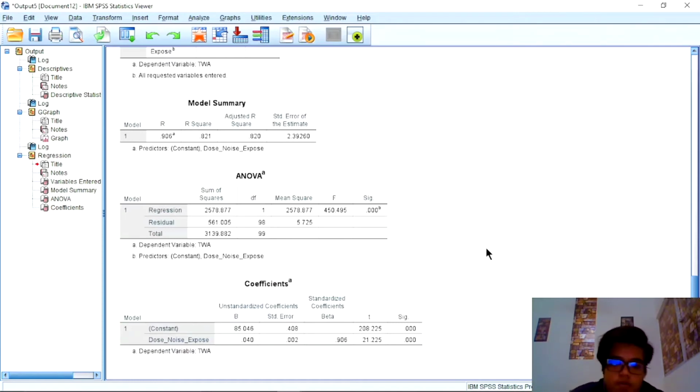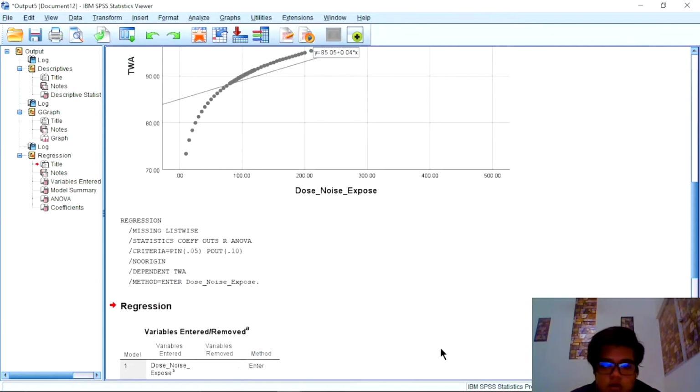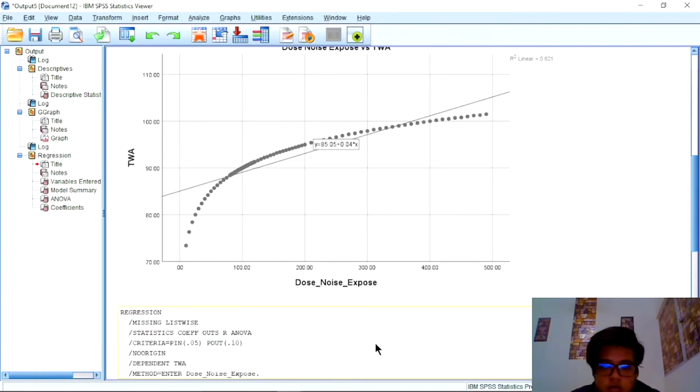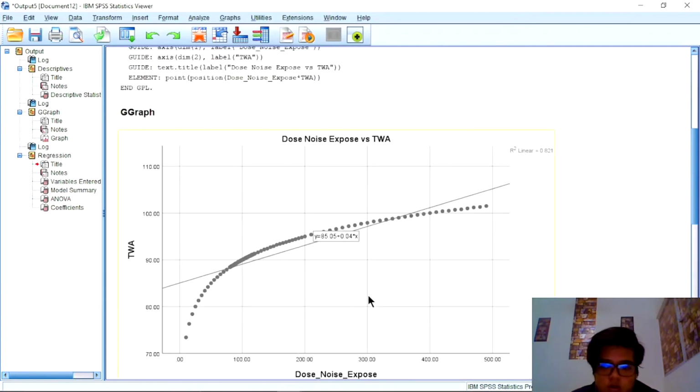Okay, and then for the coefficients, which is the least square method, Y is 85.05 plus 0.04x. Since the value of B, the slope value of noise, is 0.04, the constant, the line's Y intercept, is 85.05.